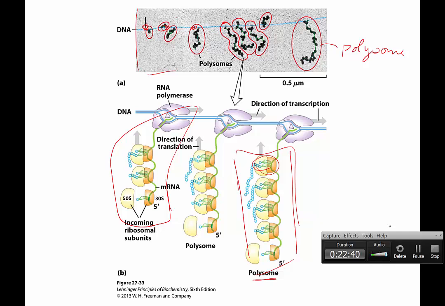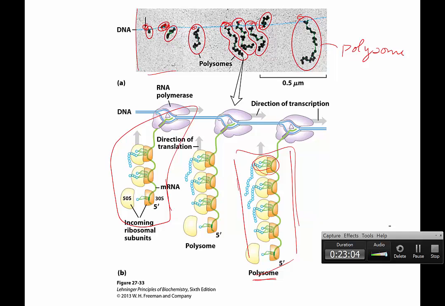You have an RNA polymerase associated here, an RNA polymerase associated here, and so forth, with each of these polysomes. Each polysome is one big long line of messenger RNA with a bunch of ribosomes associated with it.